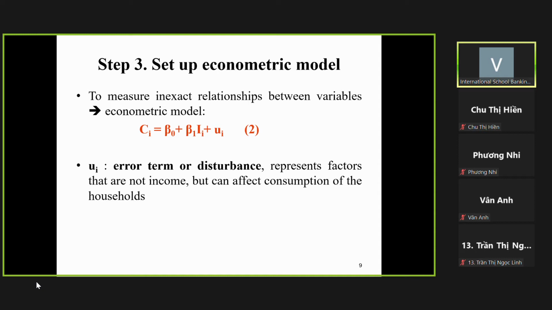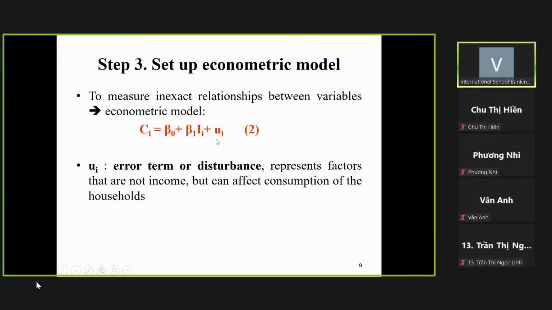So besides income, we have many other factors that can affect consumption expenditures of households. But because of some reasons, we did not include them in the model. So all such factors will be contained in U. So U here covers all the kinds of factors.